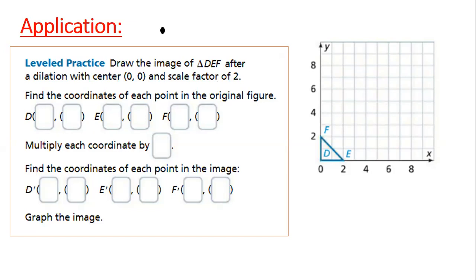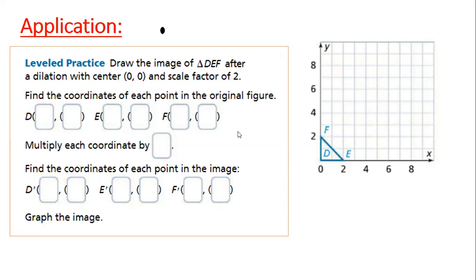So what do you think here? The scale factor is equal to 2, so the image that we are going to have is going to be multiplied by 2. But is the image going to be larger or smaller? Larger, very good. So the first step is going to be what?